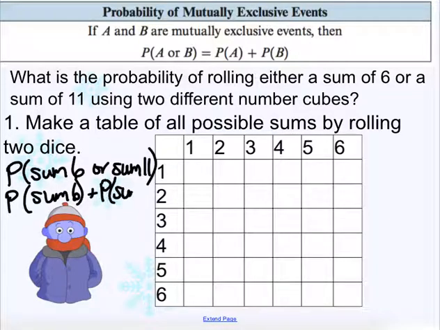Well, we can make a big chart and show all of the different sums here. So 1 and 1 gets 2, 2 and 1 gets 3, 3 and 1 gets 4, all the way down. Let me fill this in really quick.